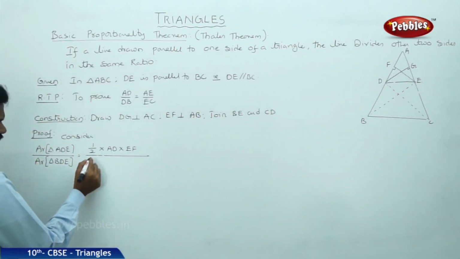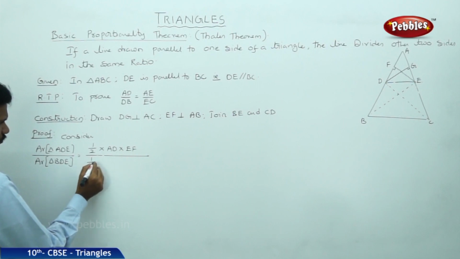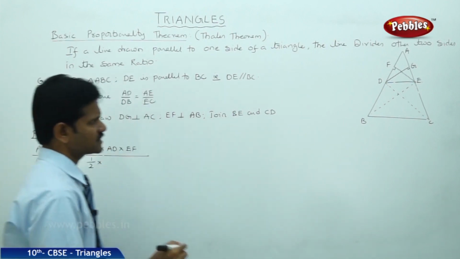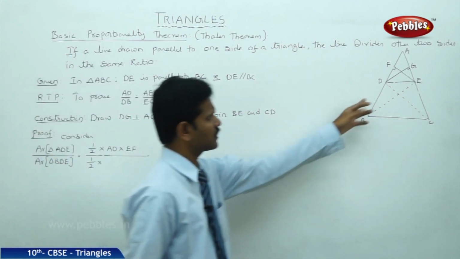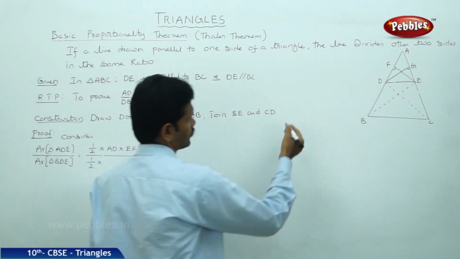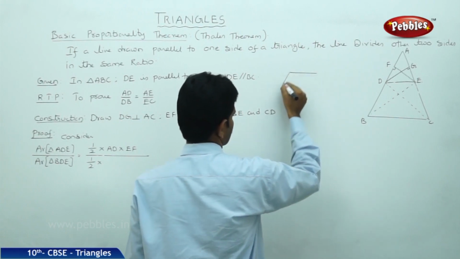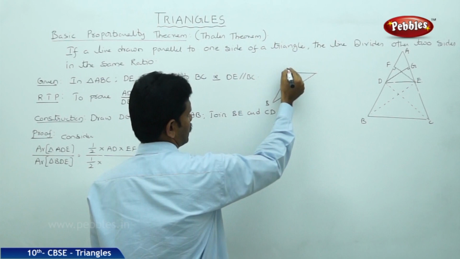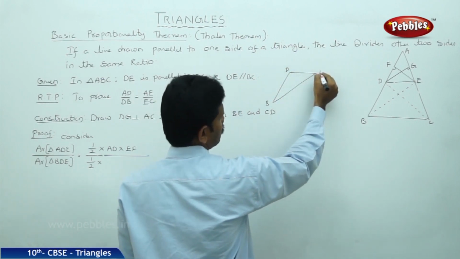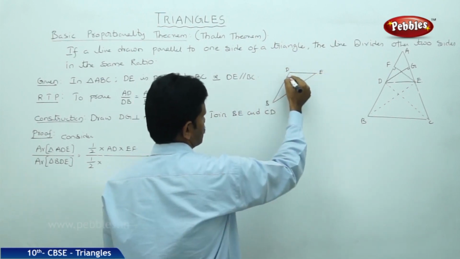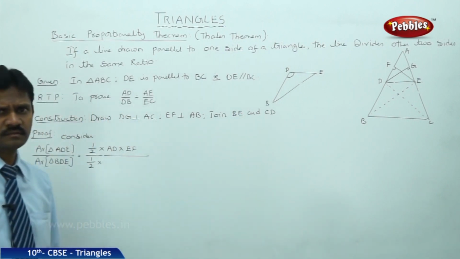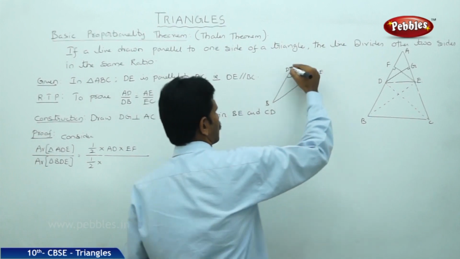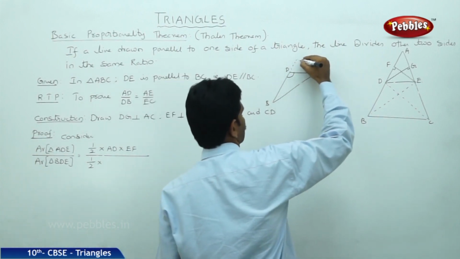Now let us consider triangle BDE. Half into base. Let us consider this part BDE, which is an obtuse angle. We know very well, for an obtuse angle the altitude lies outside.